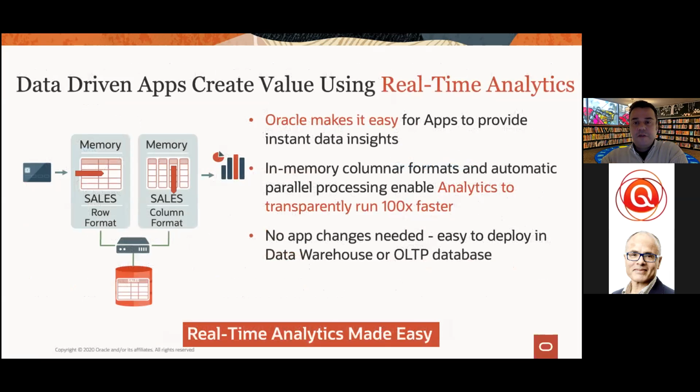The next feature is real-time analytics, and we are using in-memory features in Oracle database to improve the performance on analytics. We can run analytics hundreds of times faster than other databases, because we have two formats available at the same time for the same tables, the column format and the row format.